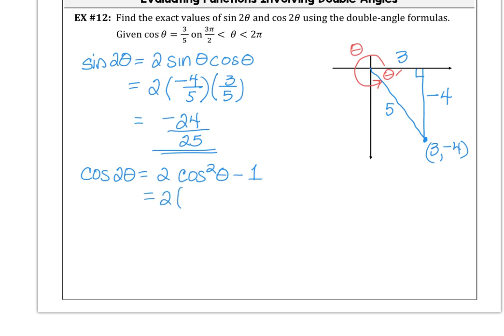So 2 times cosine squared minus 1, that's 9 over 25 times 2. So we have 18 over 25 minus 1. I'm rewriting 1. 18 minus 25 is -7/25.